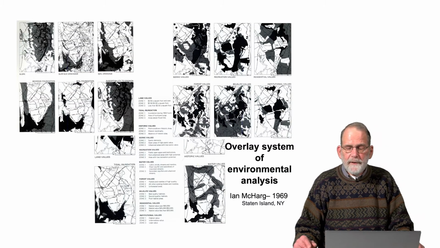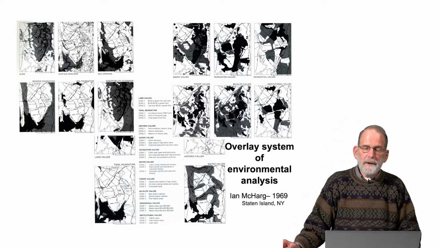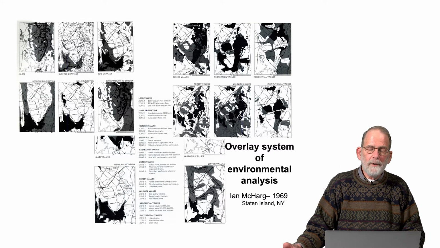We can see this work from Ian McHarg in 1969 that I'll talk more about in just a minute, but I just want to show it here because it nicely illustrates Manning's overlay analysis.